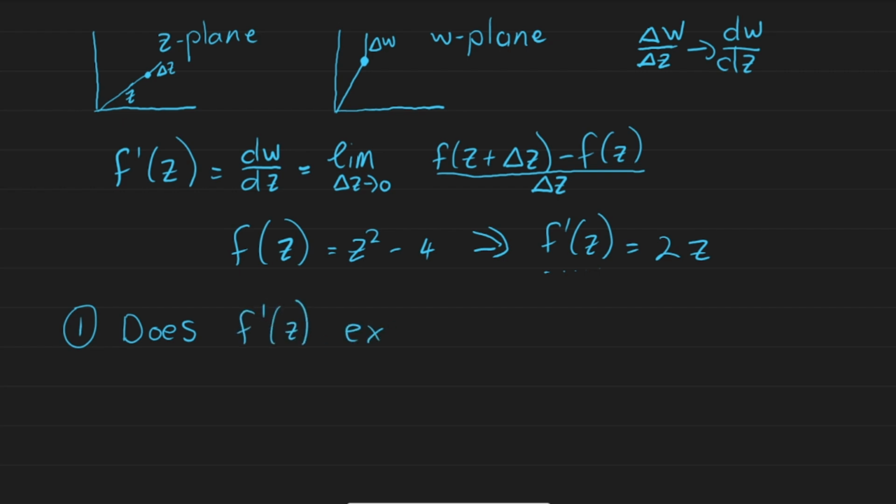And the second question is, is f prime z unique? This is asking whether there is only one derivative. In this case, we have 2z, so that's just one derivative. We need to establish all these things.